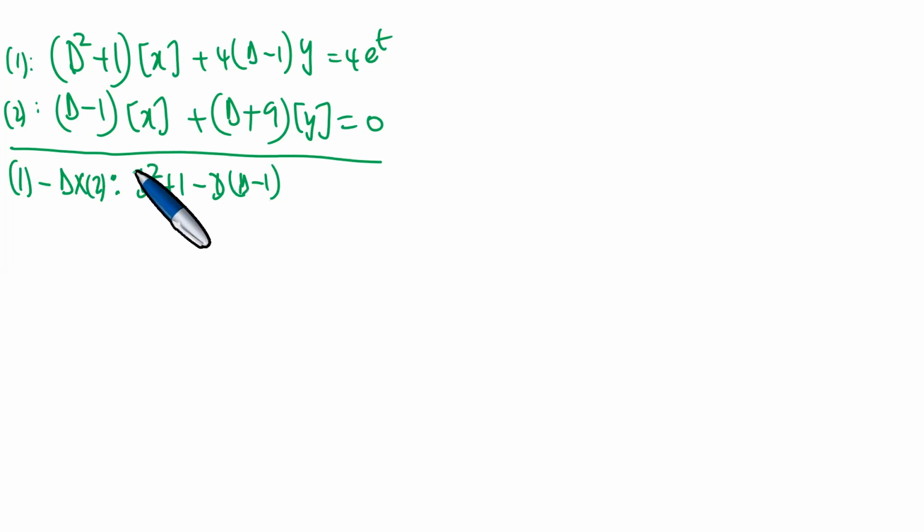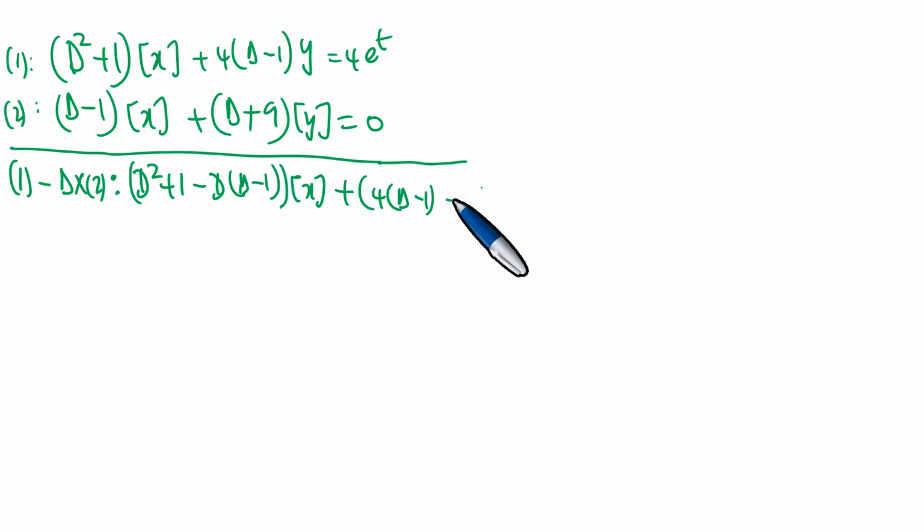So you have equation 1 minus d times equation 2. So it is exactly 4 into d minus 1 minus d times this, which is d plus 9.